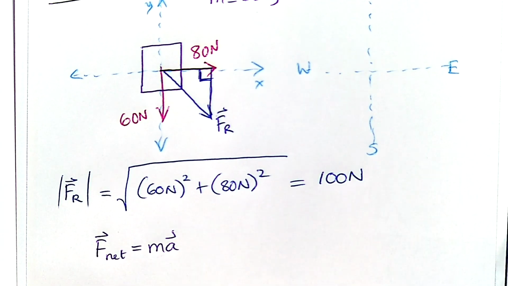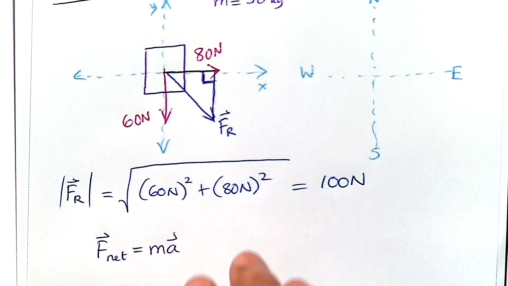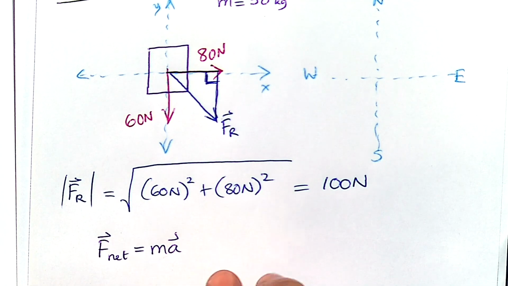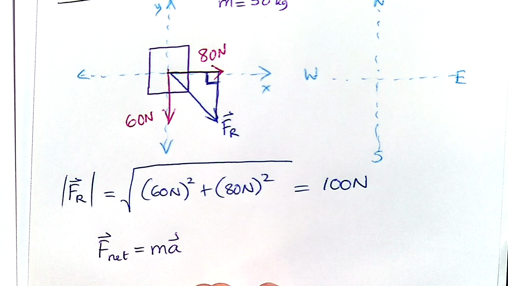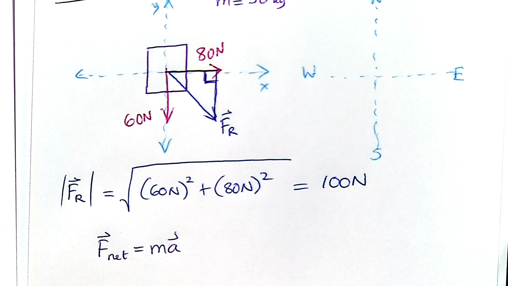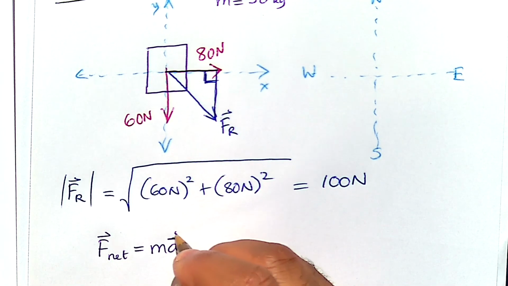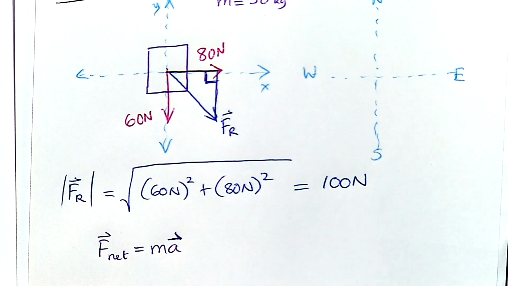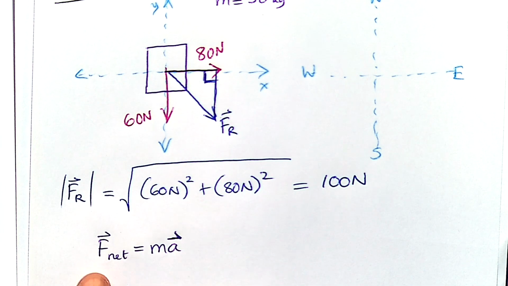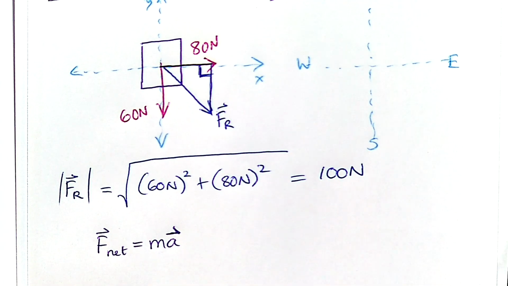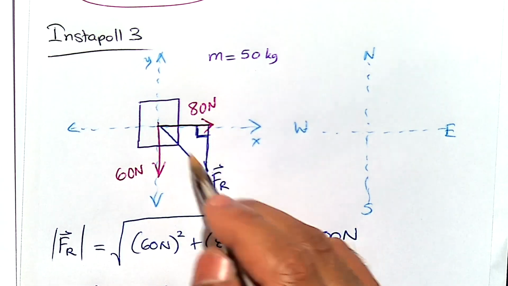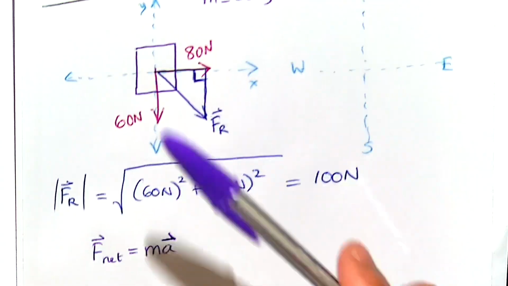All the scalar does is multiply the vector, making it longer or shorter depending on the number. A scalar cannot change the direction of the vector. So the acceleration and the force are in the same direction, and we can kind of ignore the direction. The acceleration will be in the same direction as the force.